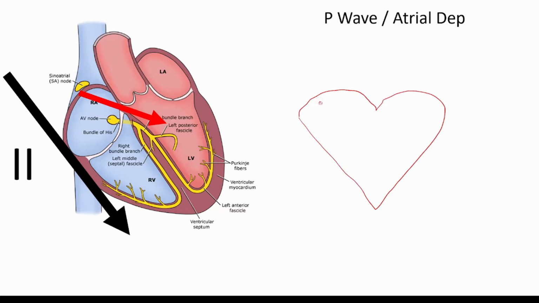Here we have our SA node, and here is our impulse going across the atria from the right going towards the left. So we know generally there is going to be a net vector going from the right side to the left side. That's fine. However, to better understand net vectors, you should understand a wave can be thought of as individual linear vectors.